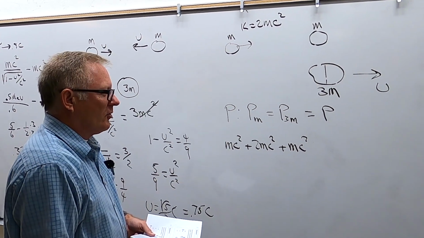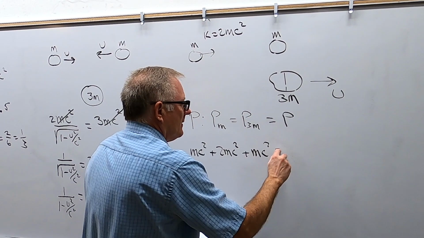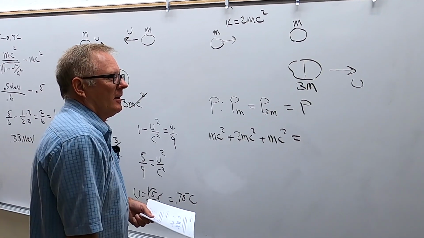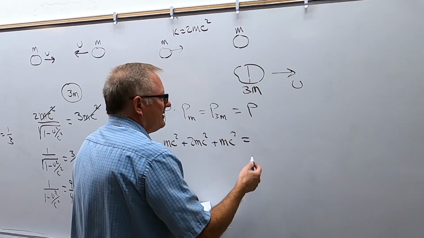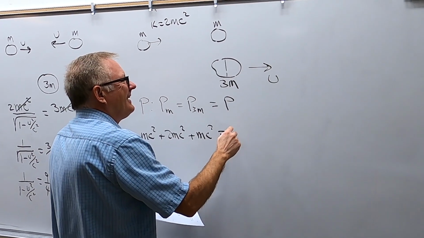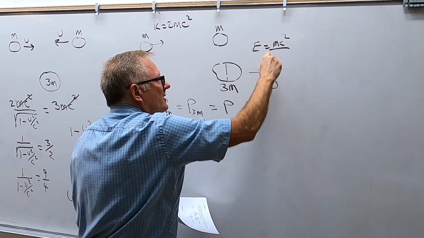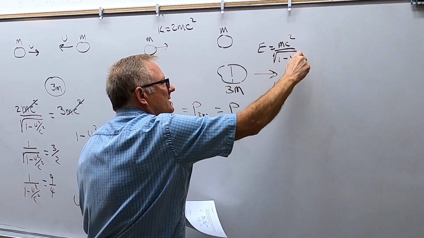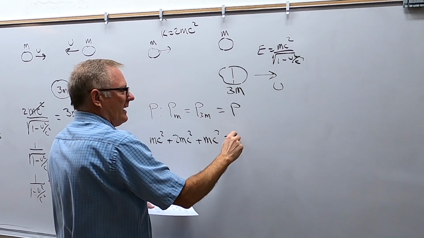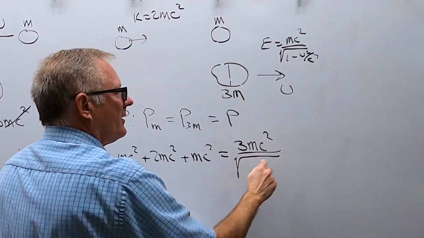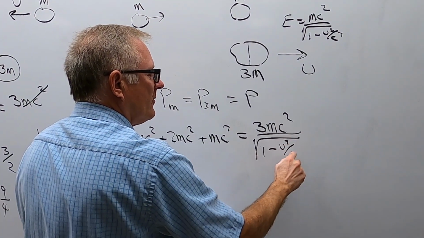And then afterwards, the energy of this right here is the total energy. I can just use the E. Remember, E is just mc squared all over the square root of 1 minus u squared over c squared. But in this case, it's 3mc squared all over the square root of 1 minus u squared over c squared.